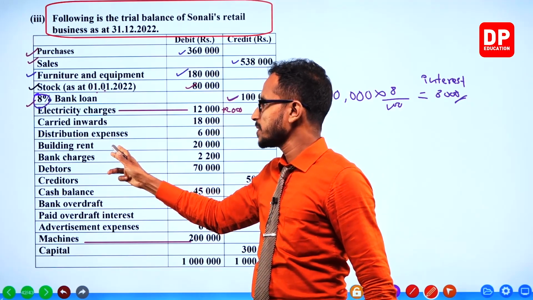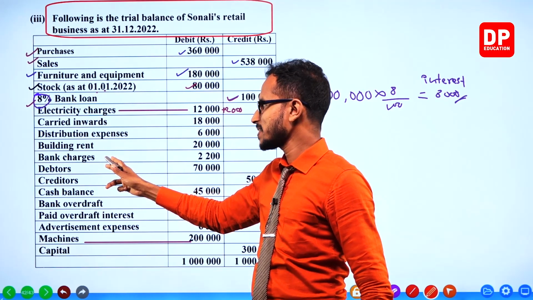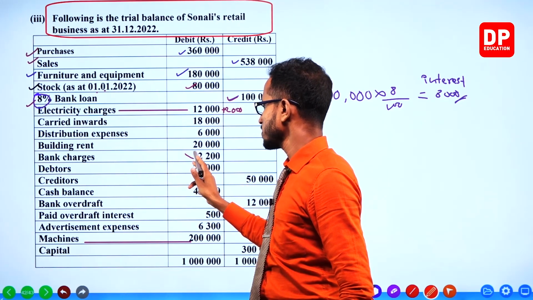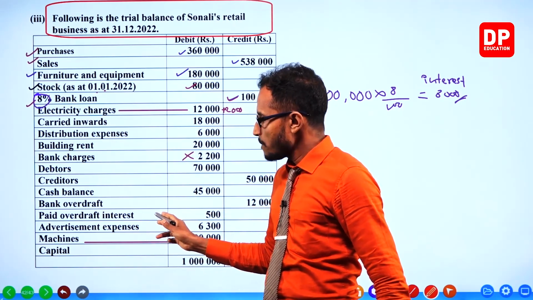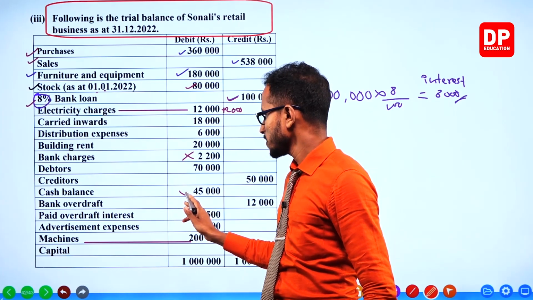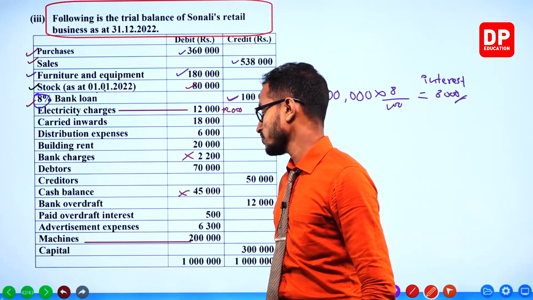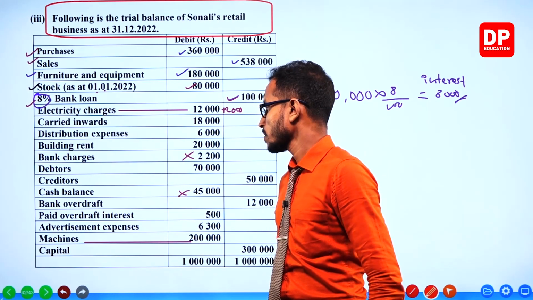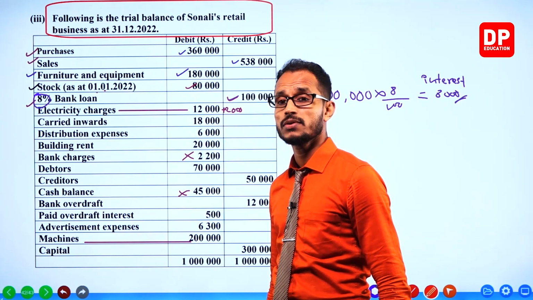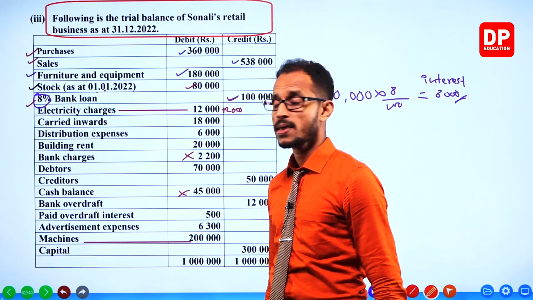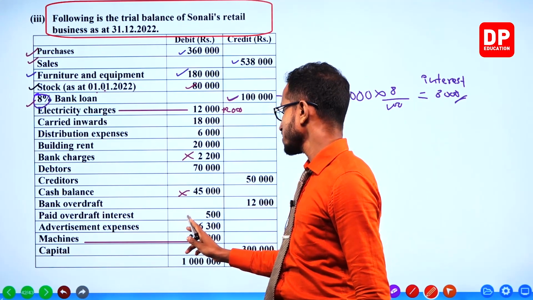Building rent, bank charges are given, but this is not what we are looking for. Bank overdraft is given. Bank overdraft is a liability. And overdraft interest is given.